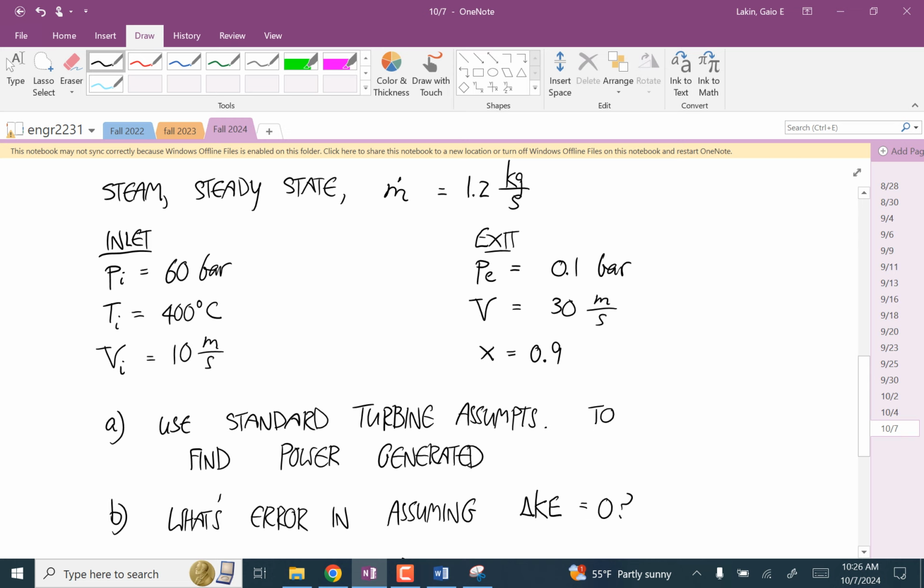We have a pressure. That's going to let us look up a specific enthalpy for a saturated liquid and a specific enthalpy for a saturated vapor. Those are two different values. And then we're going to have to use the quality to come up with our mixture's specific enthalpy.